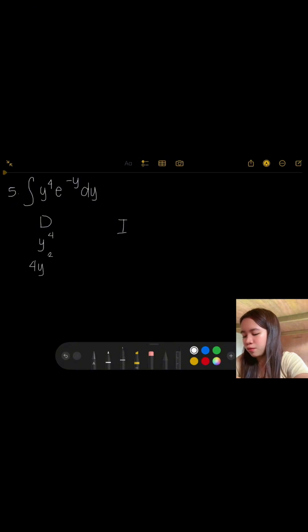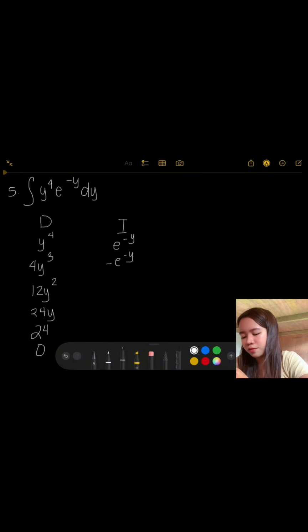The derivative of 4y cubed is 12y squared. The derivative of 12y squared is 24y. The derivative of 24y is 24. And the derivative of 24 is 0. For our I is e raised to negative y. The integral of e raised to negative y is negative e raised to negative y.